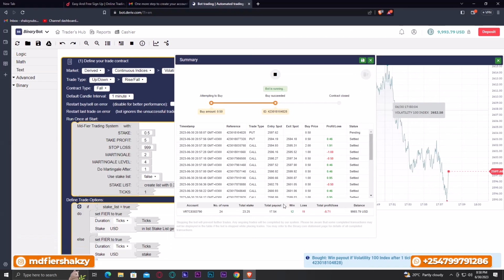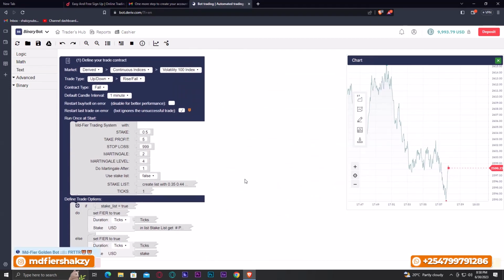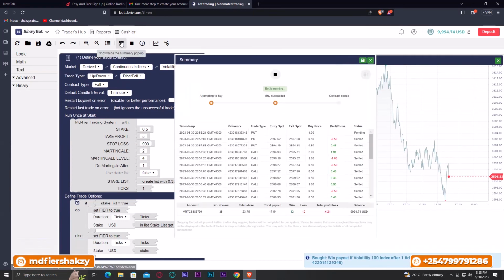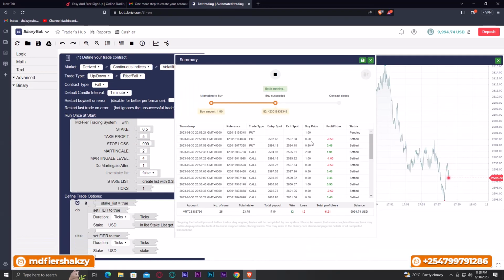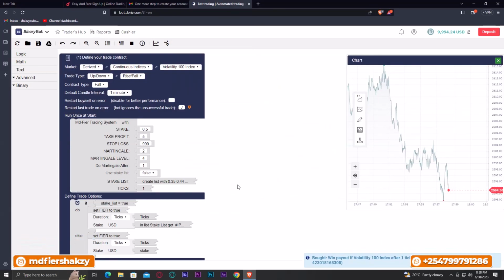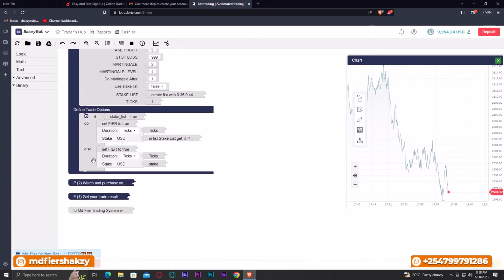Each contract type has a payout, how the probability, like when you trade rise and fall, when you win, you get 96% of what your stake is. So like our stake is 0.5. When I win, I get 0.46. This is the payout.